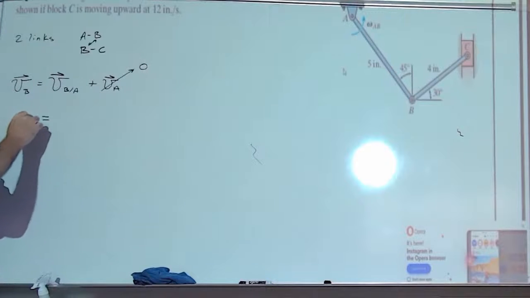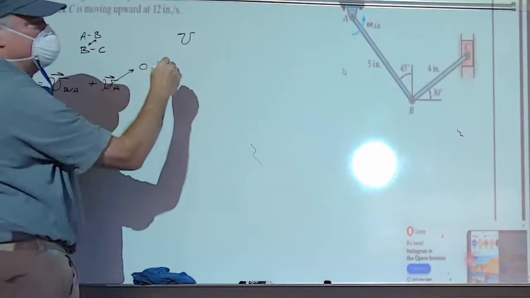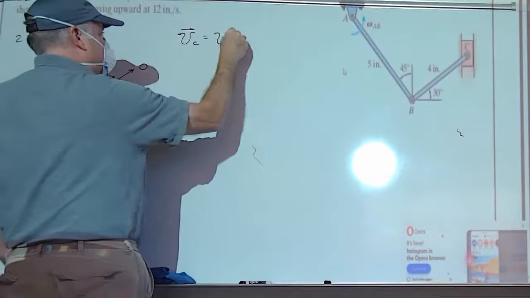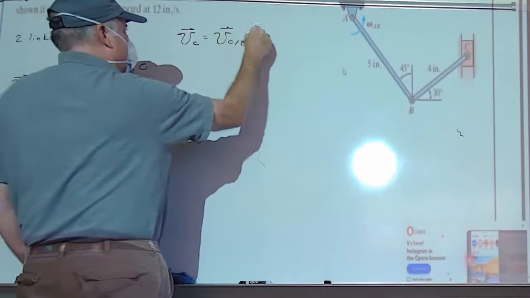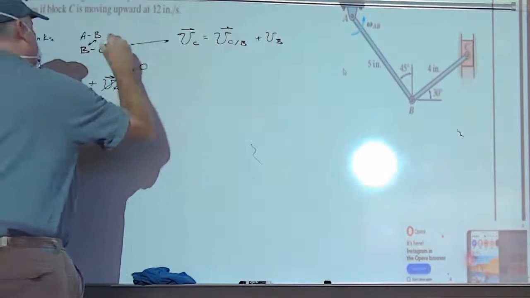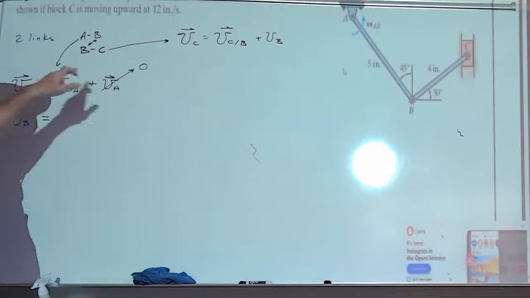Now, I'll go ahead and write the other one over here, velocity of C equal velocity of C relative to B plus velocity of B, because these are on their own link. But it just so happens B is common to both.